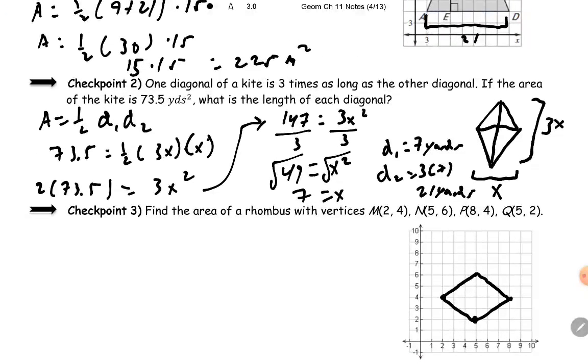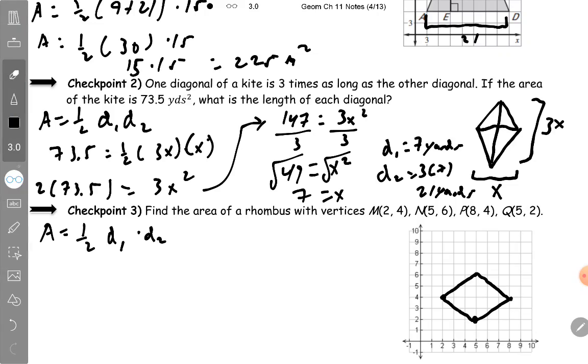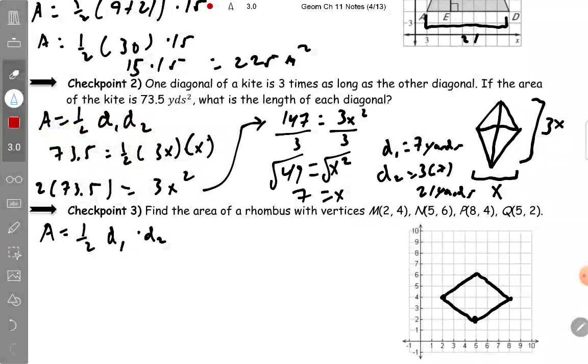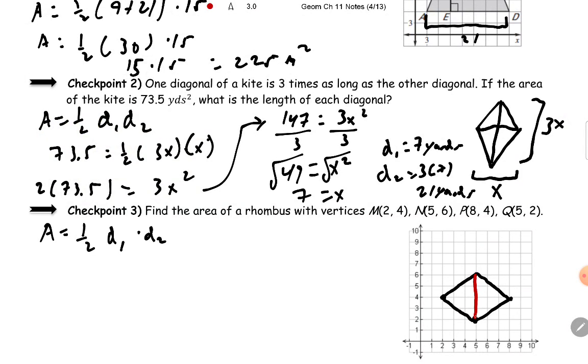Okay, we know that this is a rhombus. And if we have a rhombus, the area is 1/2 diagonal 1 times diagonal 2. Luckily, we can find the diagonals, and I'll use some colors. Let's call that diagonal 1.